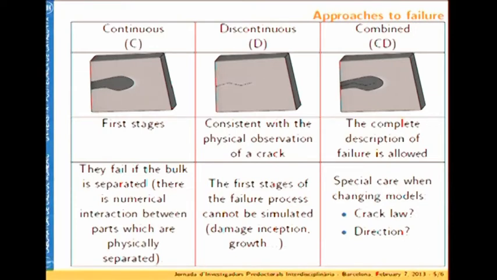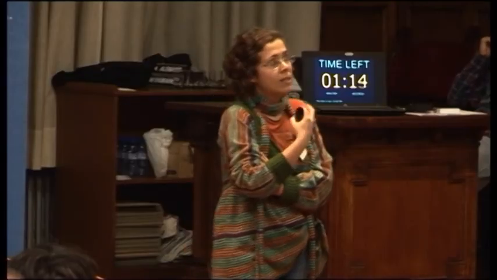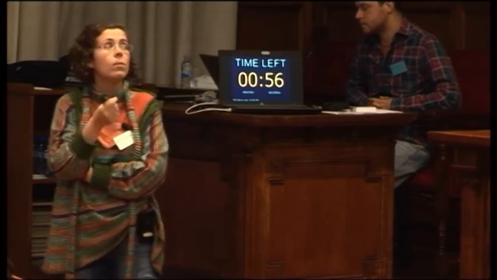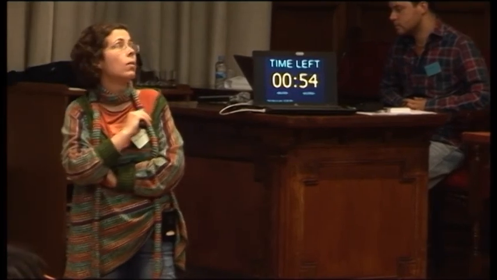On the contrary, if you use discontinuous models, we are able to model the last steps of the process, but not the first ones. The combined strategy allows us to simulate the whole process, the complete description. But since we are switching from one model to the other, obviously we need to take special care when doing this switching.